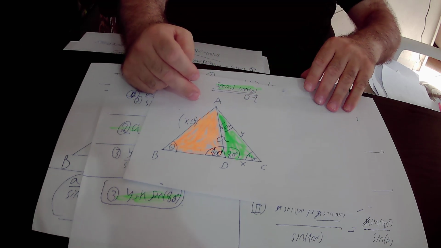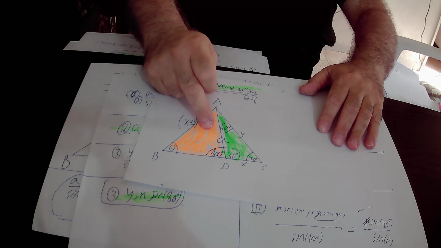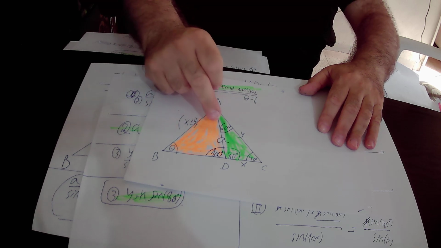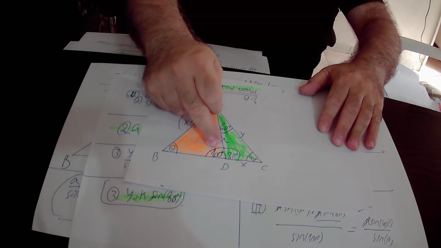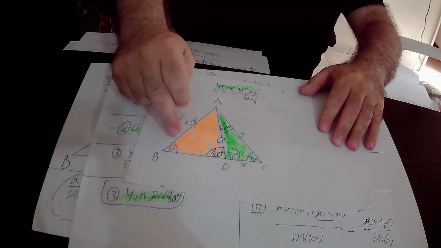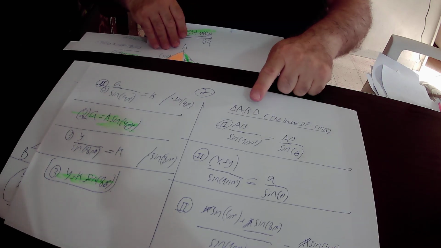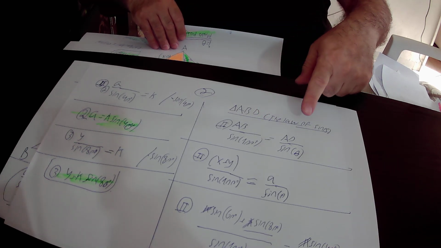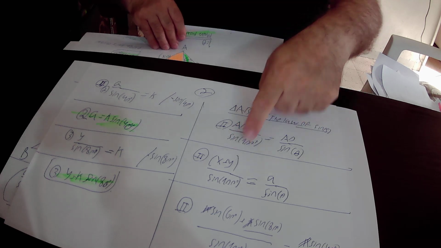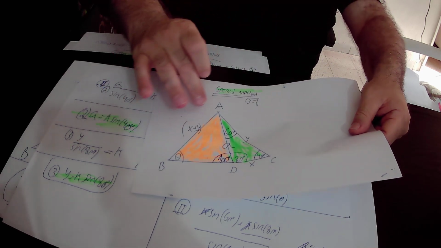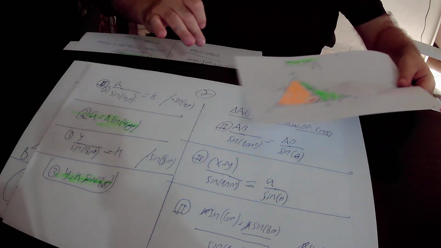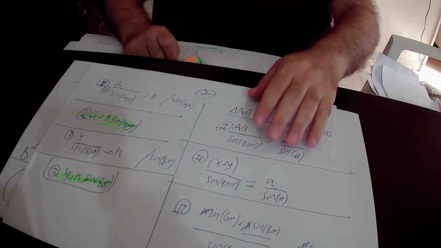Then according to the law of sines, in the orange triangle, triangle ABD, AB over sine 100 degrees equals AD over sine theta. I'll repeat again. In triangle ABD, AB over sine 100 degrees equals AD over sine theta. AB is x plus y, and AD is a. Okay?